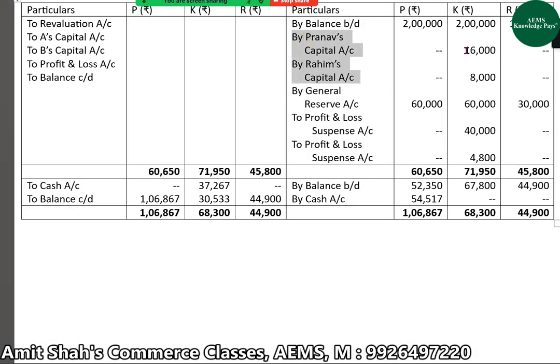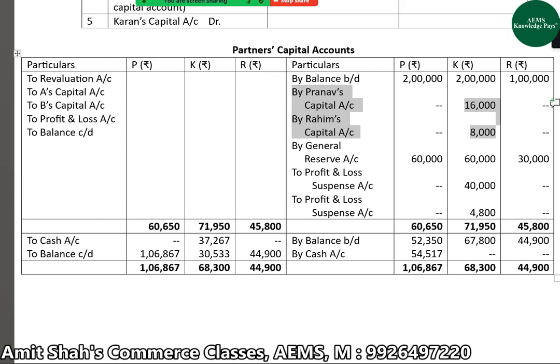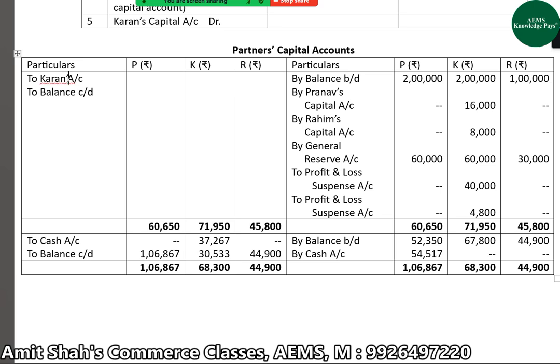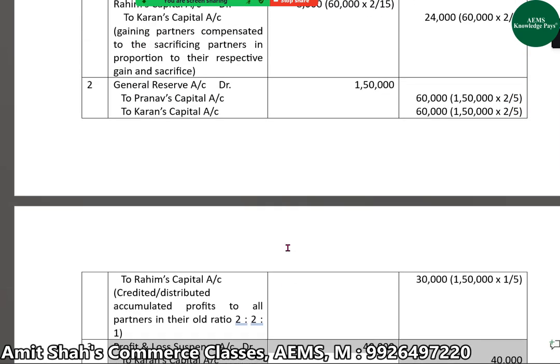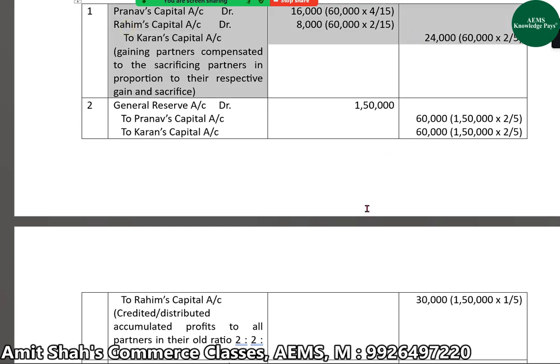And for these two, that is for 16,000 and 8,000, we will also debit Pranav's and Rahim's capital, for which we will write here by, sorry, to Karan's capital account. So Pranav's capital would be debited with 16,000 and Rahim's with 8,000. So we are done with the posting of these entries, this entry and this entry.